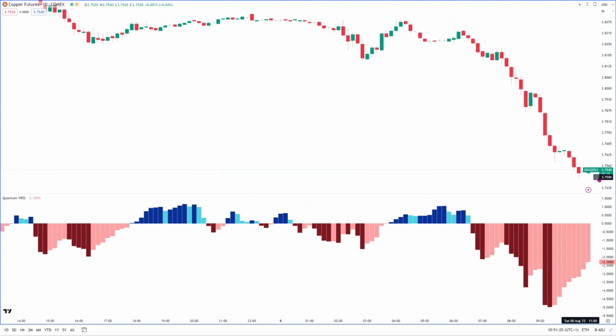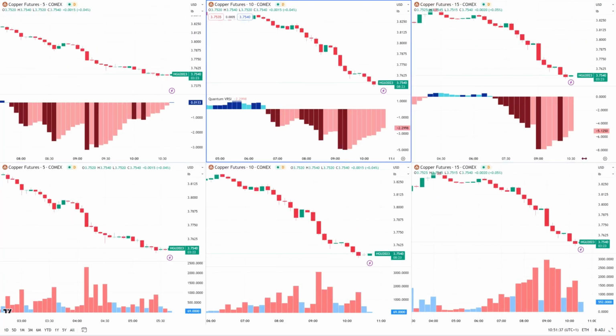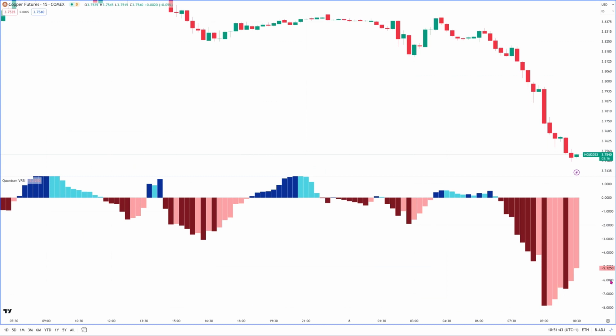So moving into a congestion phase, possibly one which still has that bearish sentiment, but the price will slide lower rather than really collapse lower as it has done here. So again, those are the sorts of things that you can imply and infer from the analysis of the indicator itself. Let's just have a quick look at 15. Very much the same.